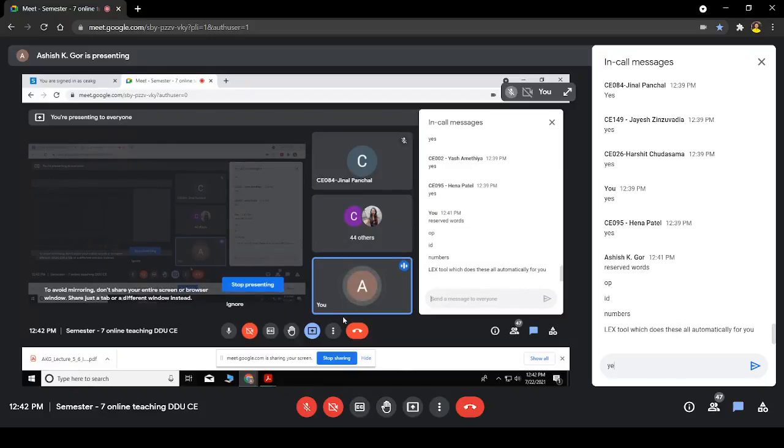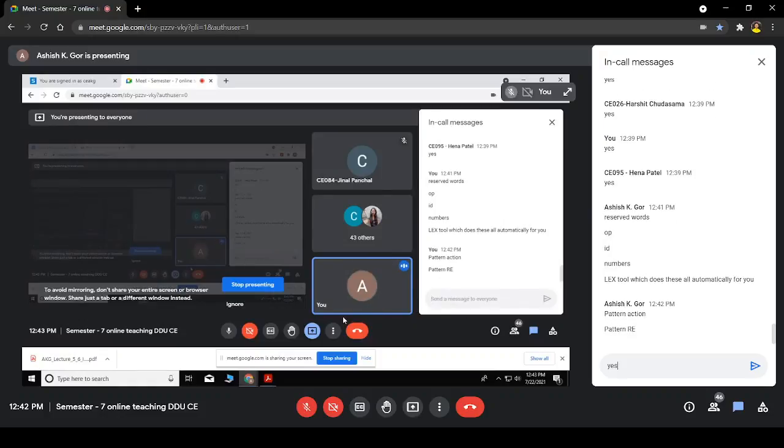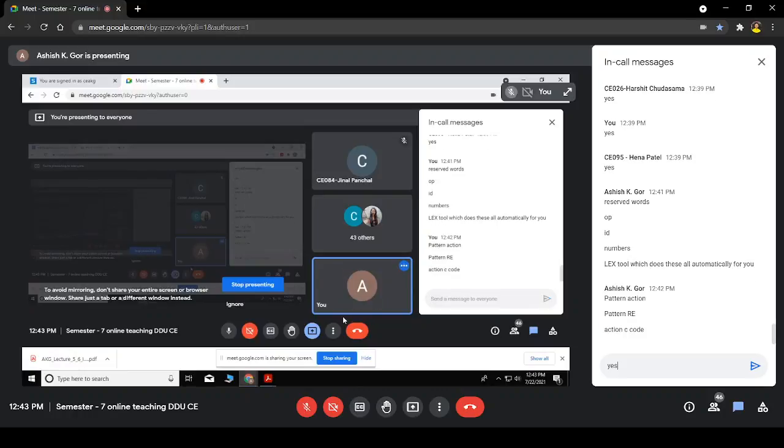In Lex, you are just giving patterns and actions. You are giving the definition of what is a number, what is an identifier, what is an operator, as a pattern, a regular expression, and then you give the action. Pattern means regular expression, and action means the C code that you write. That's why Lex is also called a pattern action language.